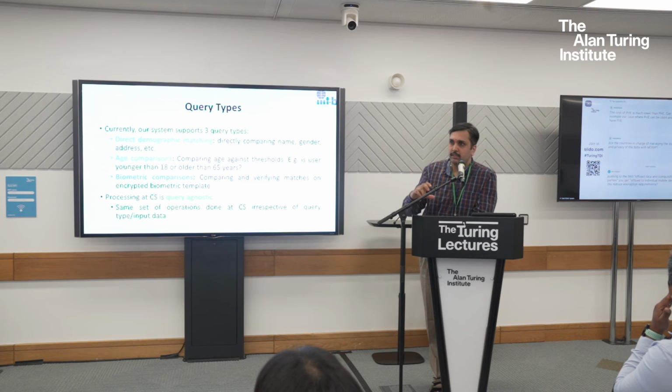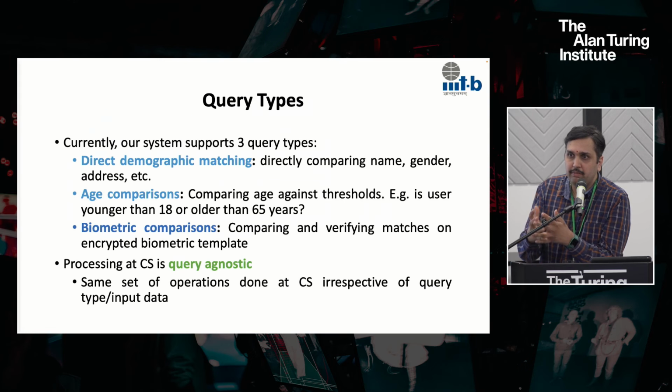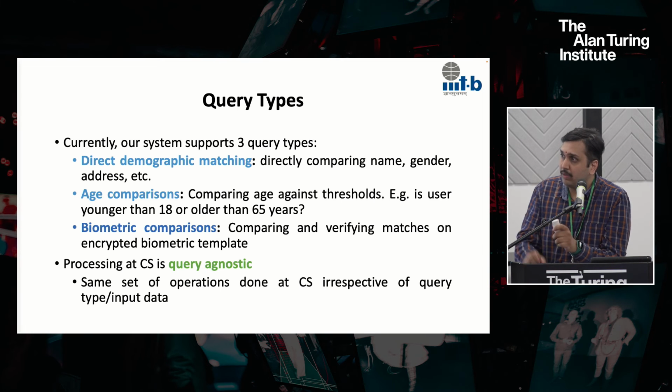This is not the first privacy preserving digital ID system that has been proposed. In all the previous ones, the focus is largely on the biometric part, but we were able to combine all this information into one system, and more importantly show that these things are efficient, so as to be deployable in practice.